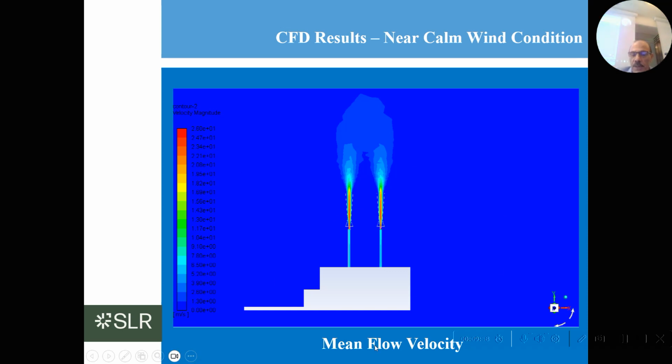This figure showing the mean flow velocity at a 2D section through the system. And I have presented the results on color-coded contours between 0 and 28 meters per second.